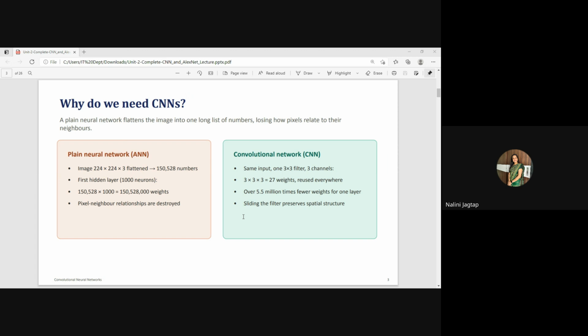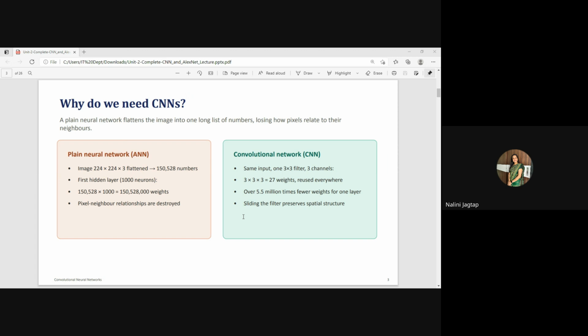So first think about what flattening physically does. It takes a two-dimensional grid where pixel 10 by 10 is right next to pixel 10 by 11 and forces them into a one-dimensional list where they may end up hundreds of positions apart, with no signal to the network that they were ever neighbors.